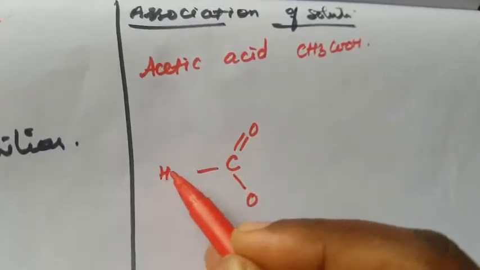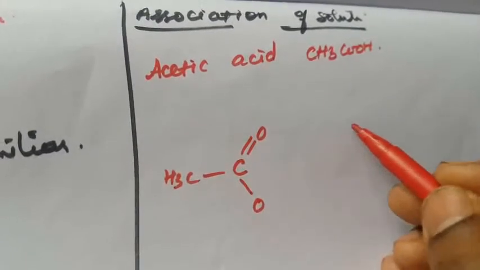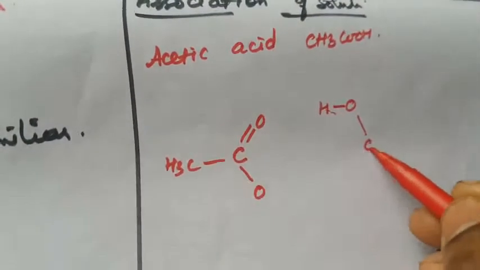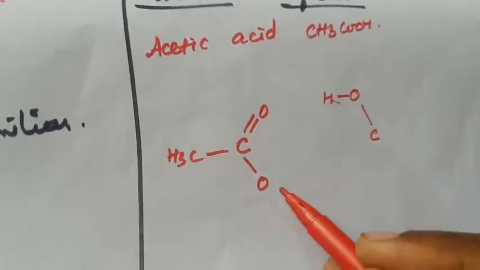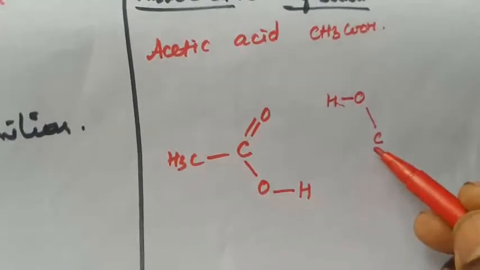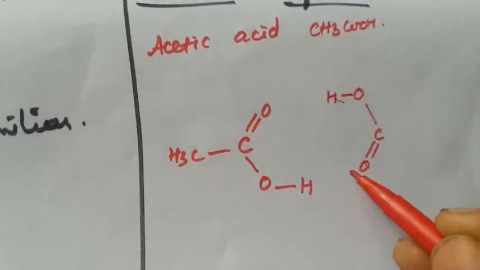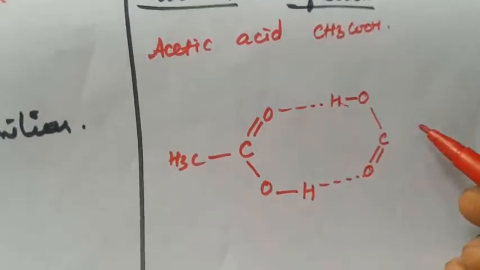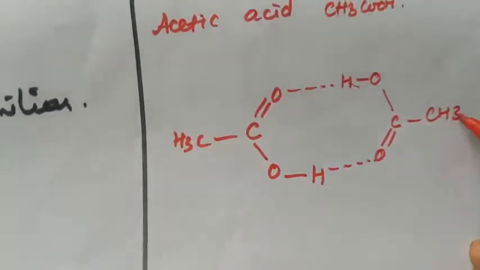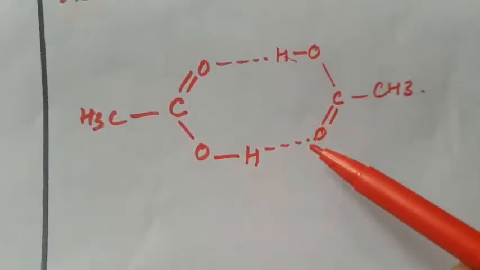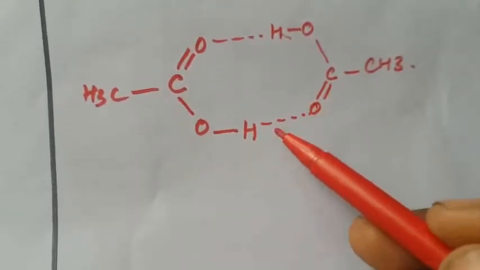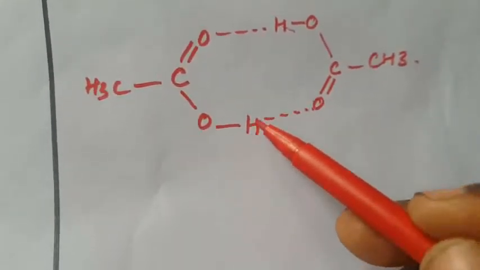So here CH3COOH, and here also CH3COOH. This oxygen is highly electronegative and this hydrogen is electropositive, so they form the hydrogen bond.